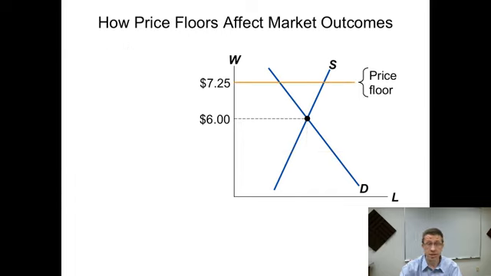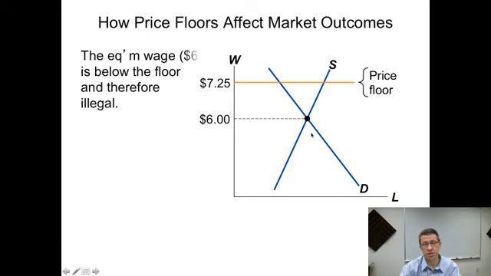What about the current US minimum wage, which is $7.25? That will have an effect, right? $6 is the current equilibrium wage. $7.25 is the minimum wage. So $6 would be illegal, right? It is against the law to pay $6 an hour.